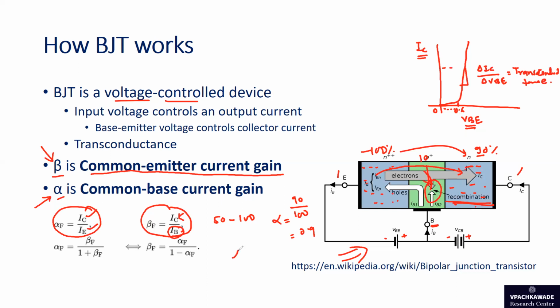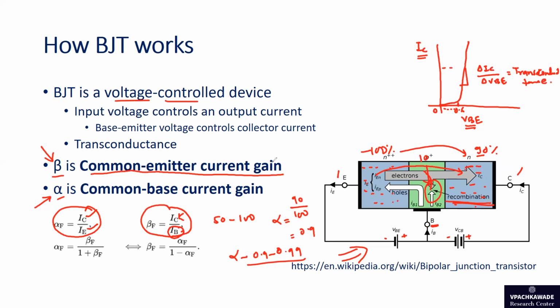Usually the value of alpha ranges between 0.9 and 0.99, and it will always be less than 1. So if you use this BJT in the common base configuration, you don't have a current gain larger than 1. Rather, it is less than 1, so you don't have any gain. You cannot amplify the signal to a higher level.